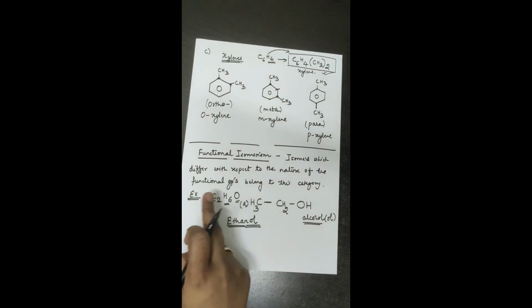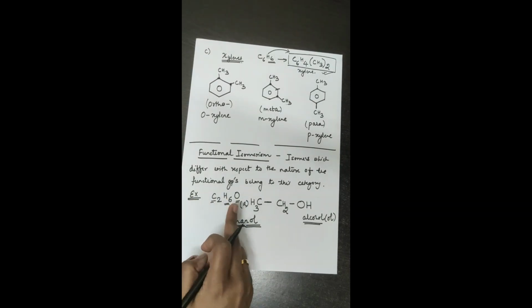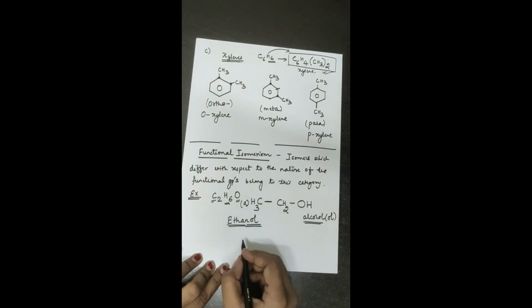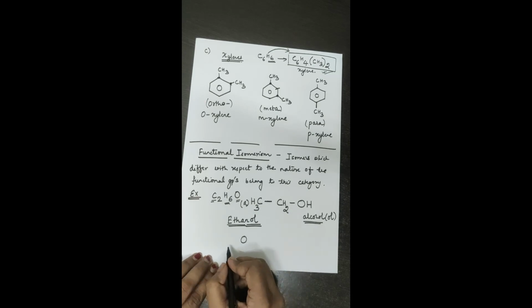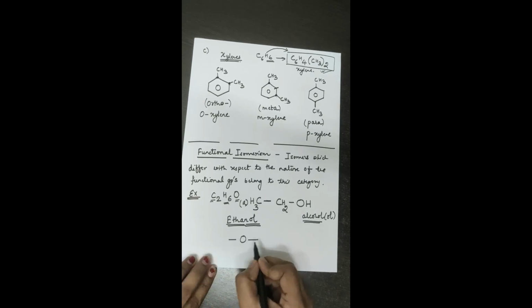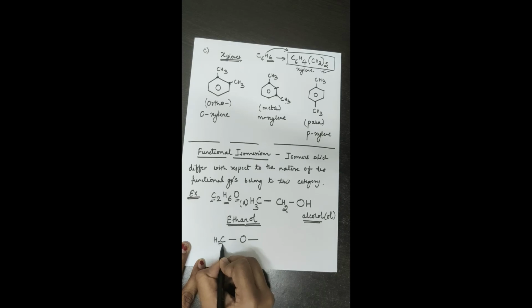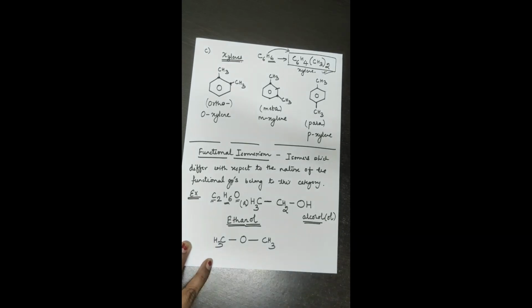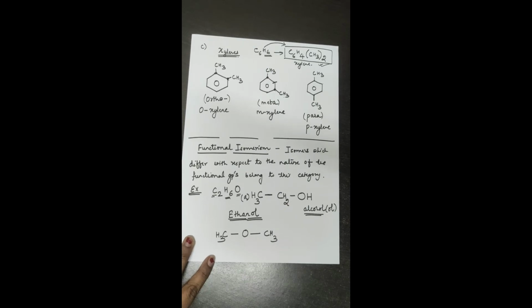Now we need to have another isomer with a different functional group, but the formula should remain the same. So C2H6O should be there, but the functional group would be a different one. So what will it be? So you can have oxygen, say, in the center, and if you have CH3 and a CH3, right? How about this one?